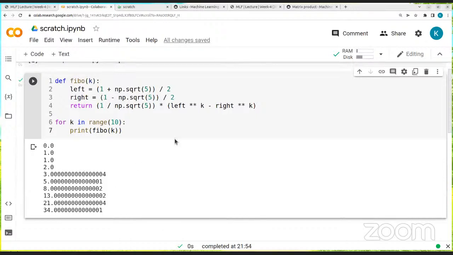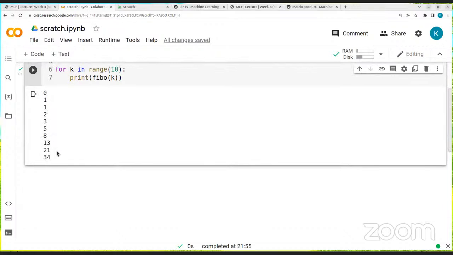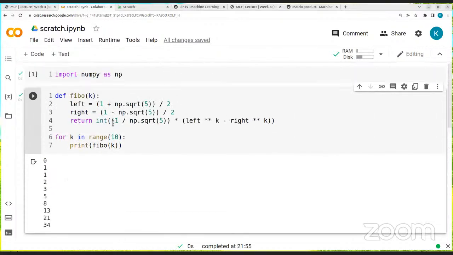You are not going to get exact integer values using Python, so we can typecast this to an integer or round it off. But it seems okay even with floating point: 0, 1, 1, 2, 3, 5, 8, 13. This is quite good.